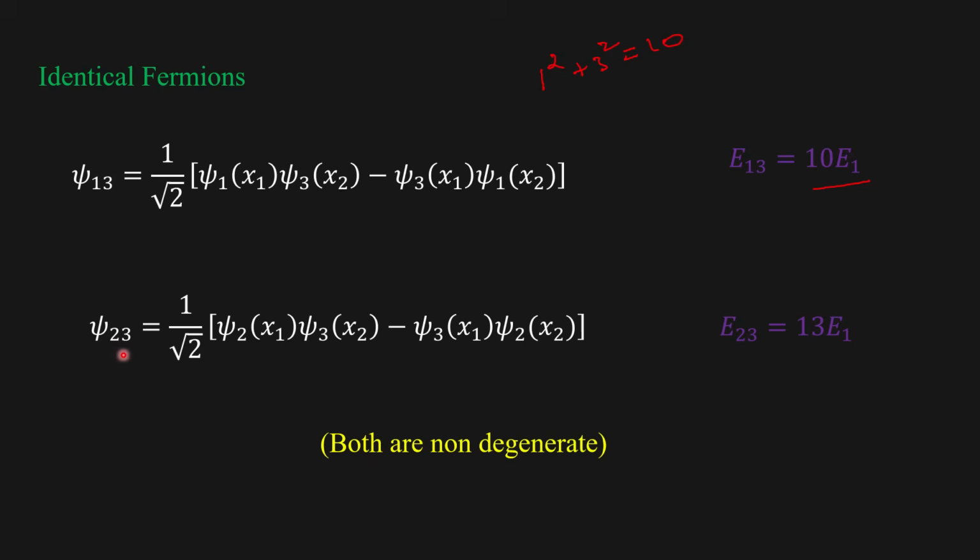You cannot differentiate psi 2 3 and psi 3 2, which is equal to 1 over square root of 2 psi 2 x1 psi 3 x2 minus psi 3 x1 psi 2 x2. So this is also a single state, that is E23, that is 2 squared plus 3 squared, 9 plus 4 is equal to 13. So 13 E1. Here both are non-degenerate.